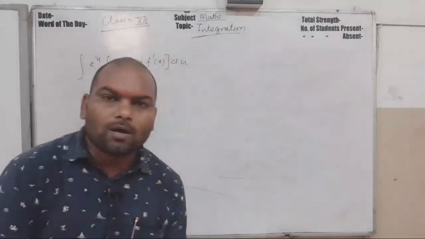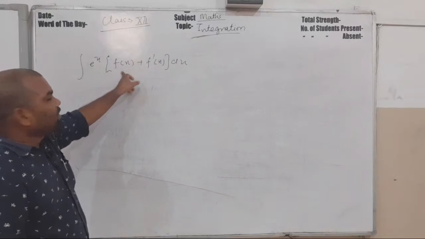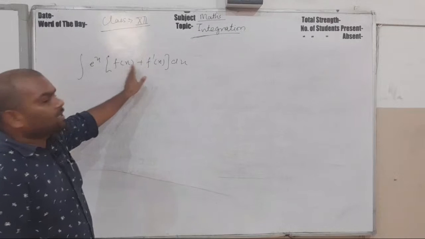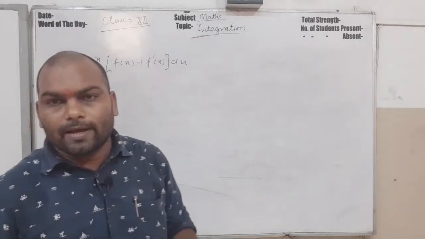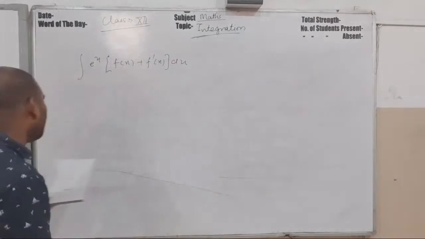Okay, out of the two, one function is the derivative of the other. Then how can we integrate this type of function? Clear? Let us discuss it with an example of NCERT only.